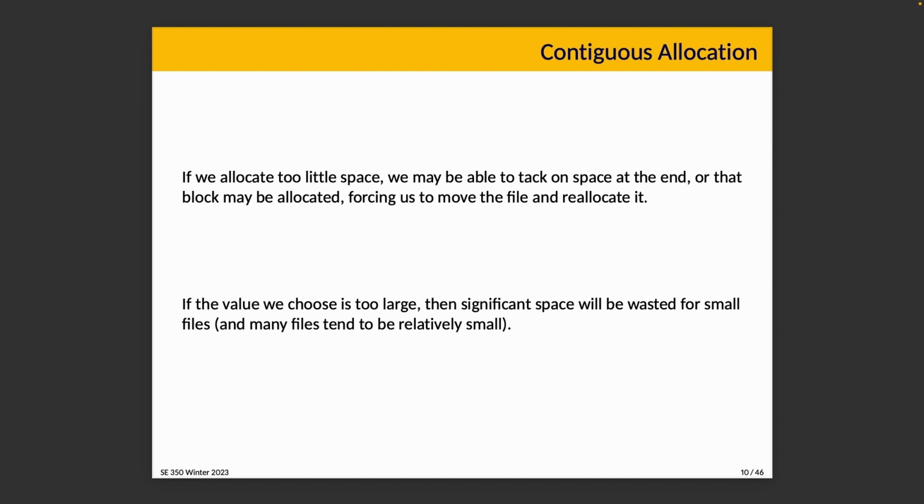So, if we allocate too little space for the file, we might be able to tack some space on the end. So we might be able to extend it, adding another block at the end. That's okay. However, that block might be allocated, so it might be necessary to copy the file to a new location, a new larger space.